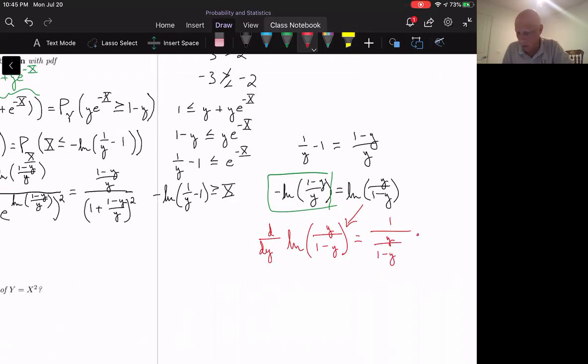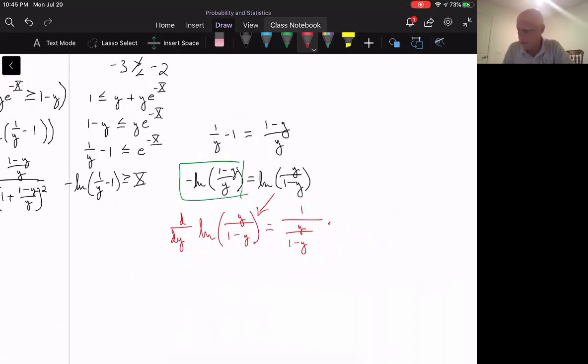So this is quotient rule. So for me, again, you may have been taught quotient rule a little differently. So I do low d high minus high d low over low squared. And that's how I remember it. If you remember it differently, that's fine. So let's start simplifying.